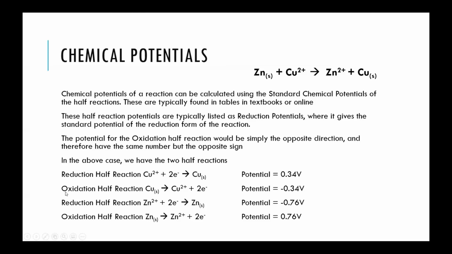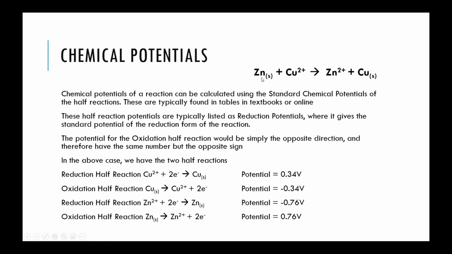But what if you want to know the potential of the oxidation half reaction? So in this case, the copper 2 plus is going to copper 0, solid copper. So this is the potential, 0.34 volts.